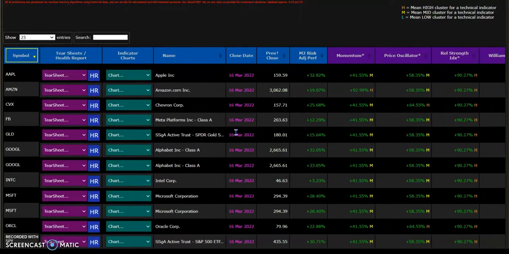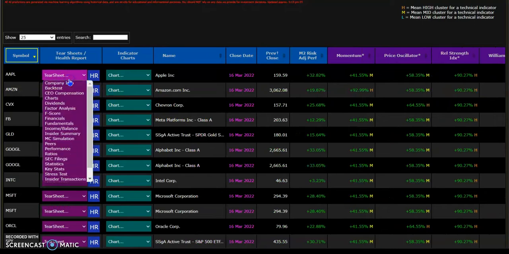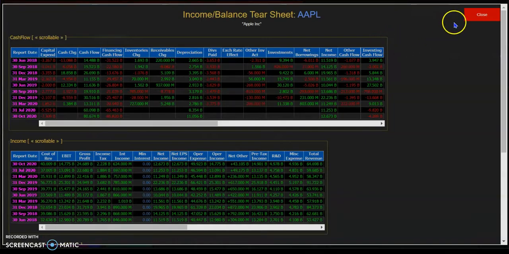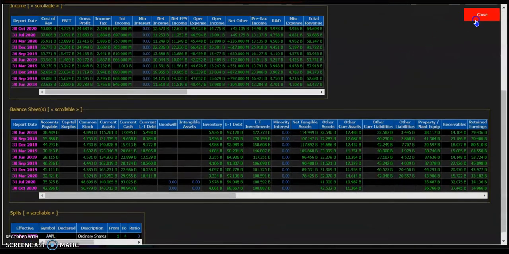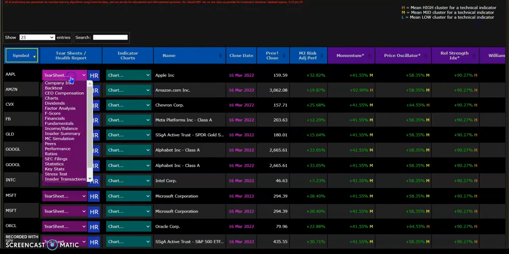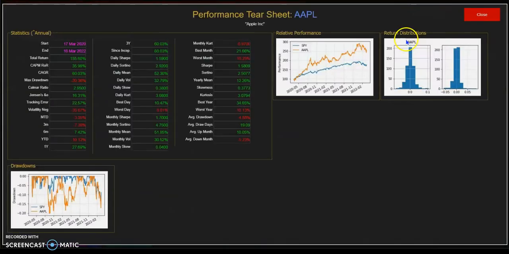Very, very powerful. Tear sheets can be created too. If you're interested in income and balance sheet information, we bring all that kind of information in. If you're interested in more statistical and performance measures, you can look at a performance tear sheet.